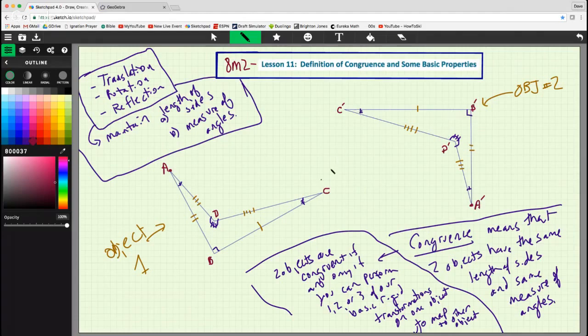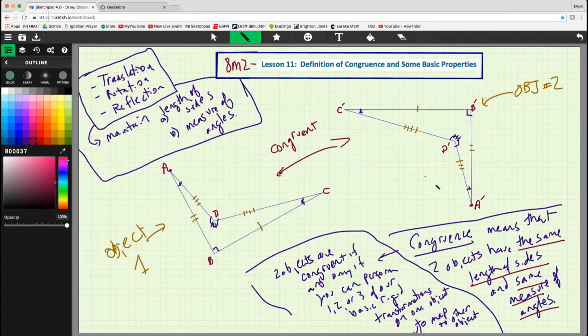C prime and C are both the same because they have the marking of 2. So these are congruent by definition, because they have the same length of sides and the same measure of angles.